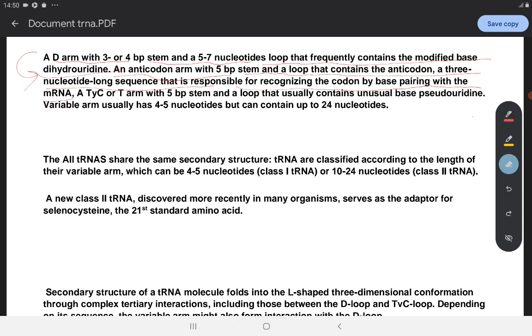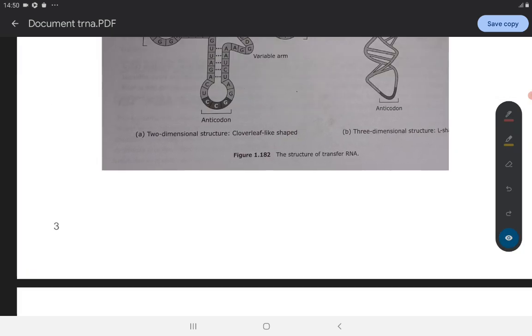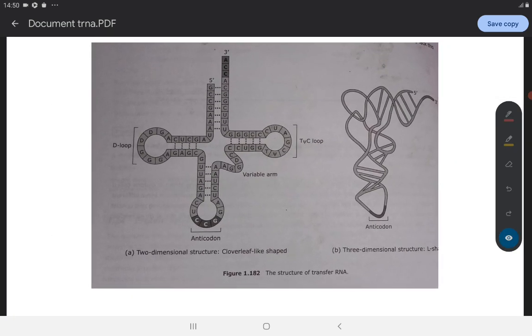Right, so let's go back to the picture again. Okay, so they were talking about the anticodon loop, right? So in the anticodon loop, as you can see here, CCG is present, the 3 bases, which actually read the mRNA.